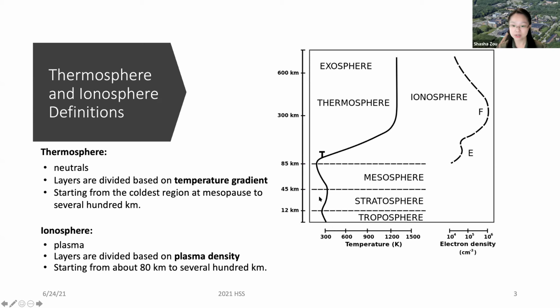And then we move to the stratosphere, the mesosphere, and eventually somewhere around 85 to 90 kilometers, we start to get into the thermosphere. There is a very rapid temperature increase in the thermosphere until about 200 kilometers, where the temperature becomes isothermal. So this region determined by the temperature is what we call the thermosphere.